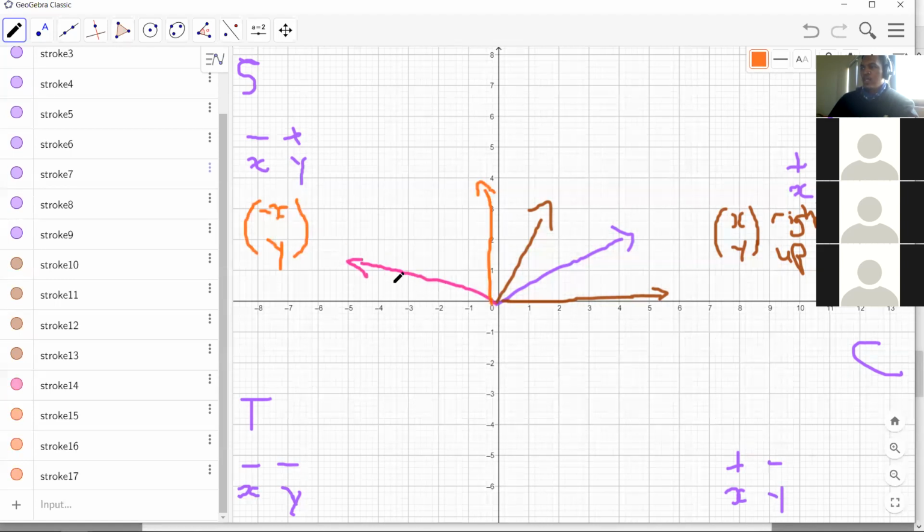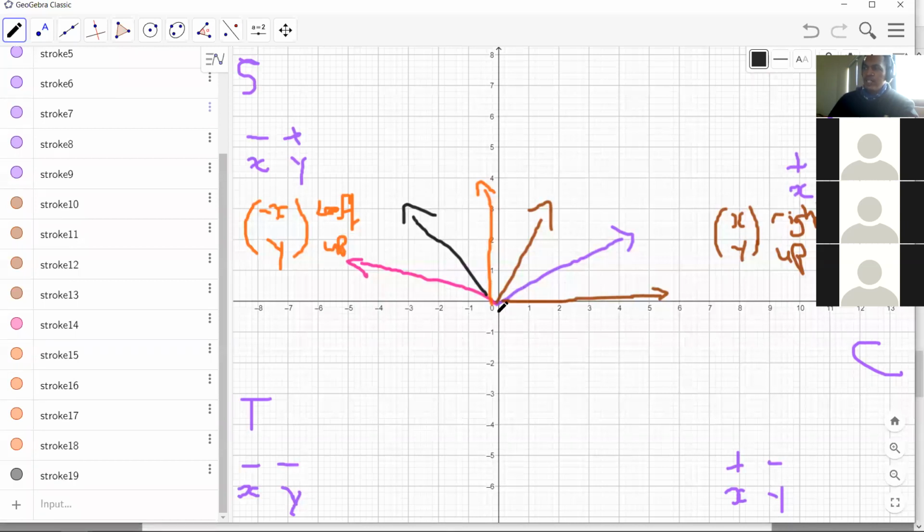You can see this vector here is a little bit lower, but the Y is increasing in positive numbers, while the X is decreasing by negative numbers. That's why we get this here. So the X here will be left, and the Y will be up.